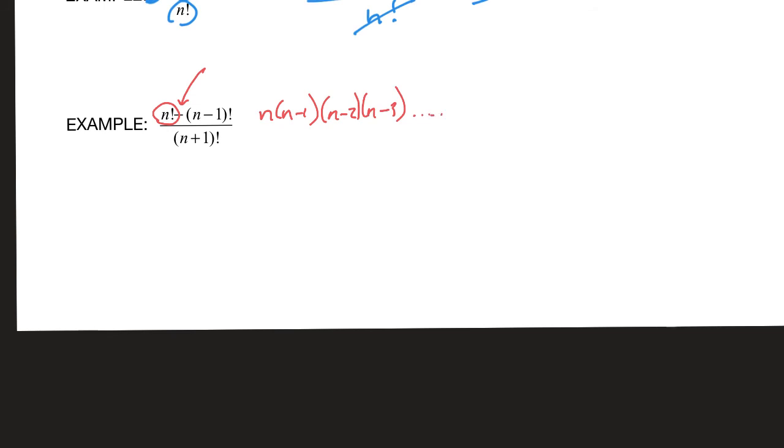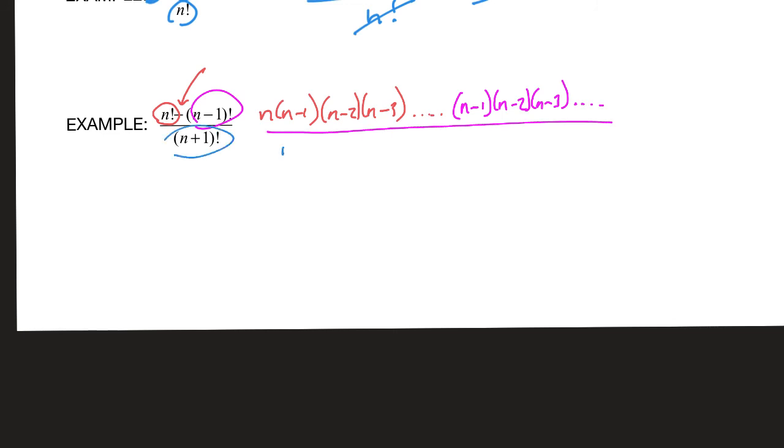Okay, that's going to be multiplied by this one, which I'm going to do in pink, which is n minus 1 times n minus 2 times n minus 3, and that keeps going. All over, and I'll do the bottom in blue, this is n plus 1 times n minus 1 times n minus 2, and that keeps going.